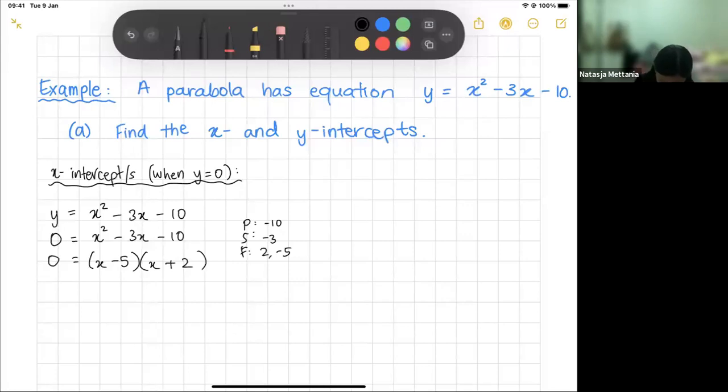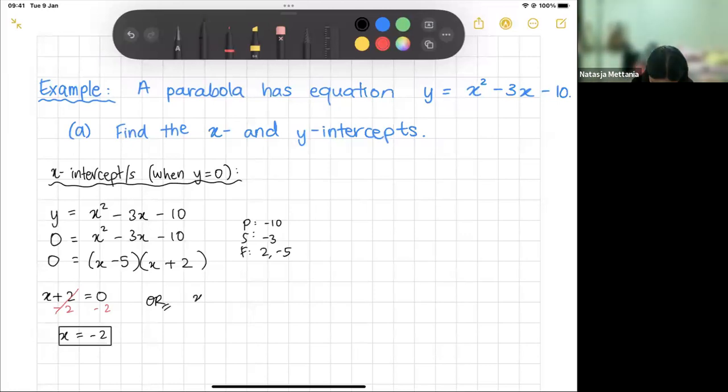If I put this as equal to 0, right, x plus 2 equal to 0, I'm going to minus 2 because I want to move 2 to the other side. So x will equal negative 2. Or, because I've got two options, a parabola has two x intercepts because it passes the x-axis twice.